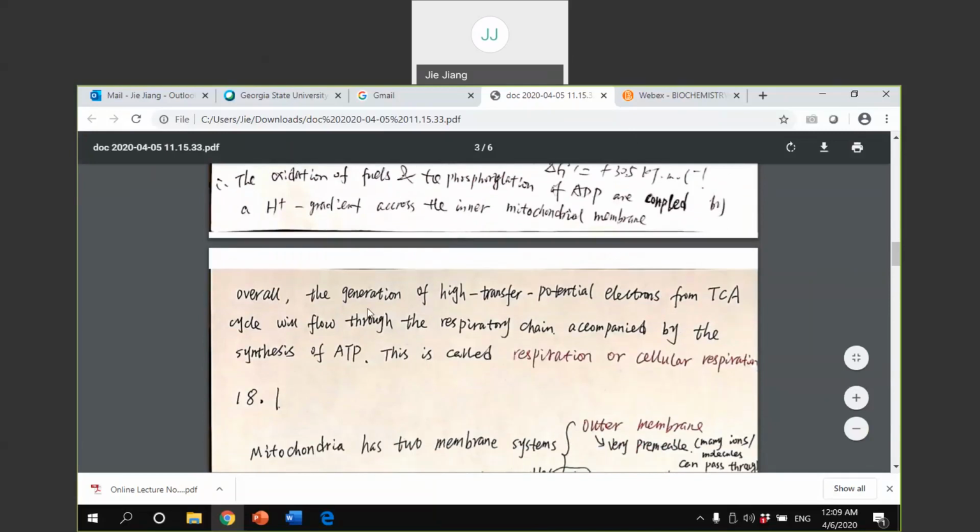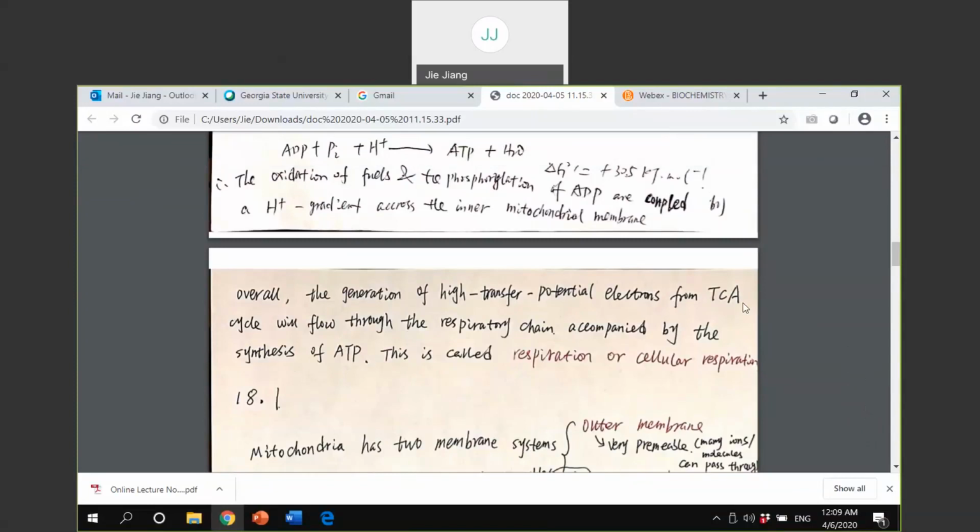Overall, the high transfer potential electrons generated from the TCA cycle flow through the respiratory chain, accompanied by the synthesis of ATP. We keep seeing that the TCA cycle does not generate many ATPs. Only one ATP is directly generated. However, it generates high potential electron carriers, NADH and FADH2.